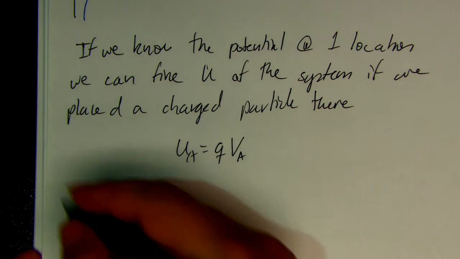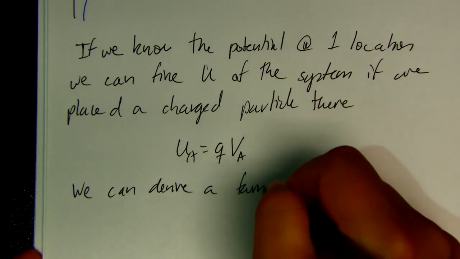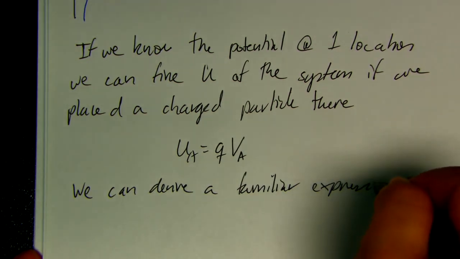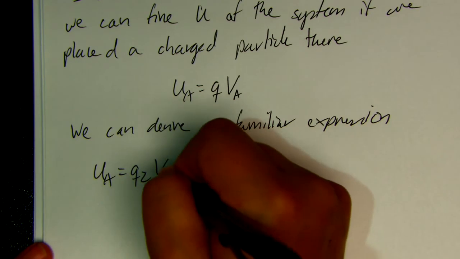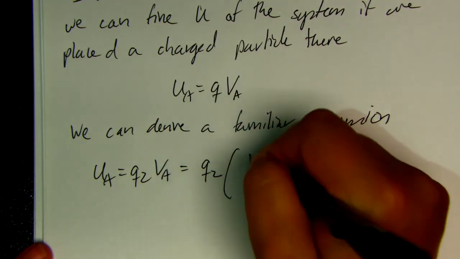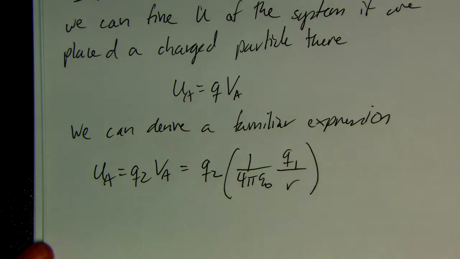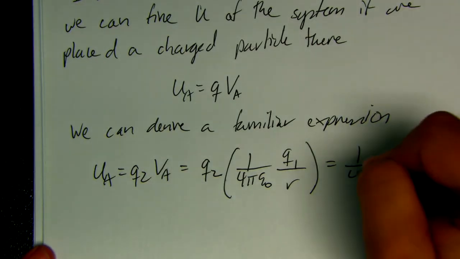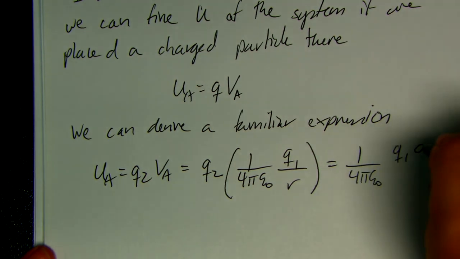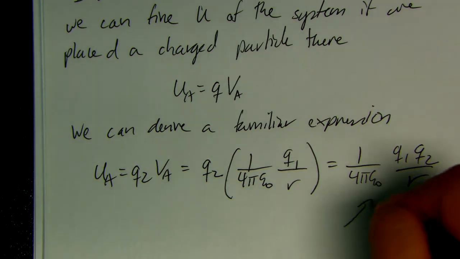And we can use this to derive something we've seen before. So UA is equal to Q2 VA, which is equal to Q2 times 1 over 4 pi epsilon naught Q1 over R, because that is the potential at A. You can see from here that it is equal to 1 over 4 pi epsilon naught Q1 Q2 over R, which is the electric potential energy equation that we saw in Physics 1.